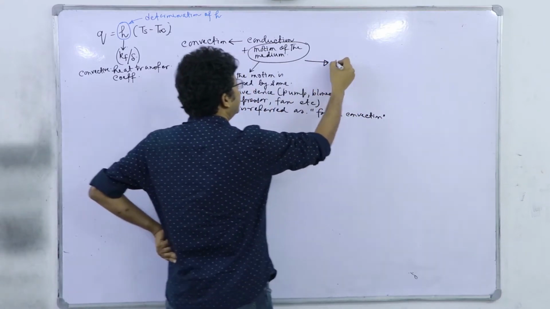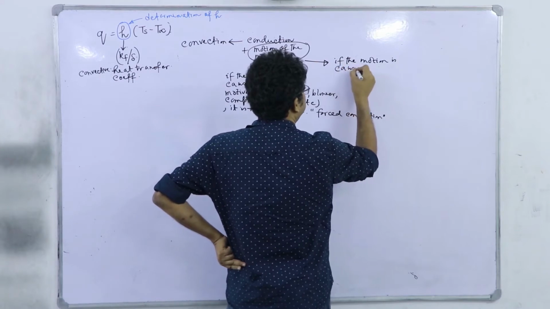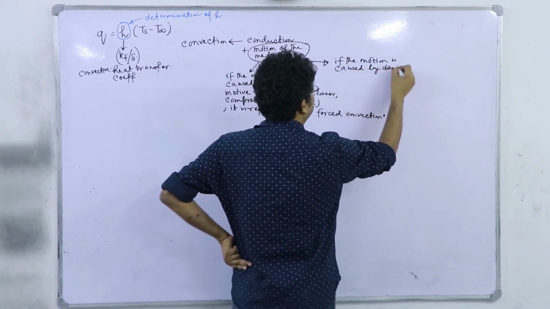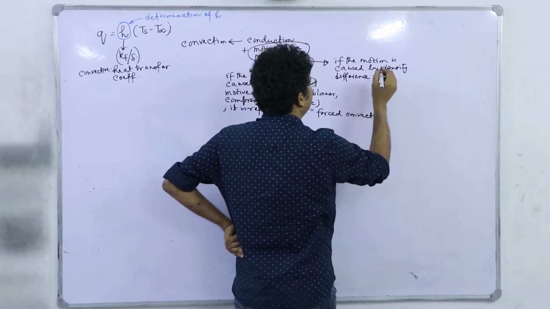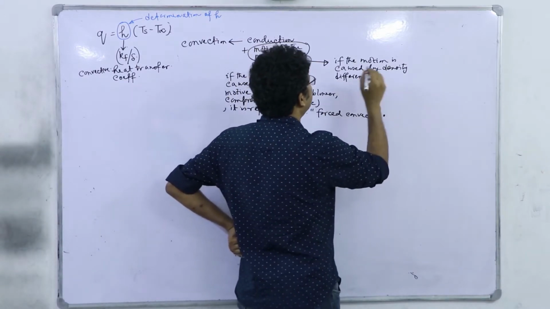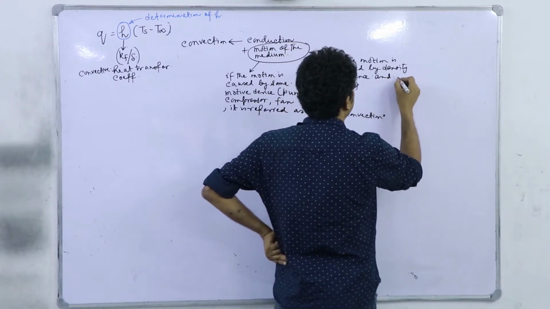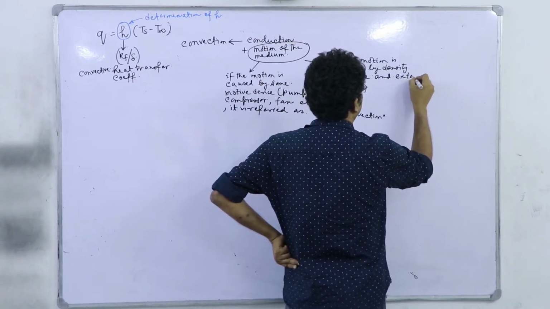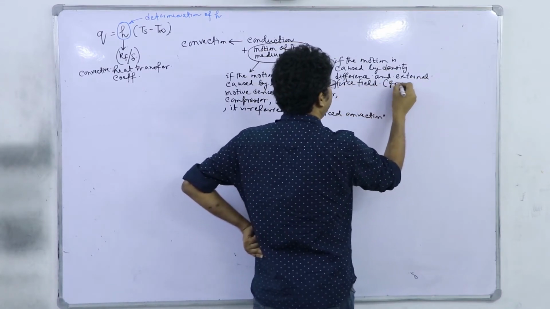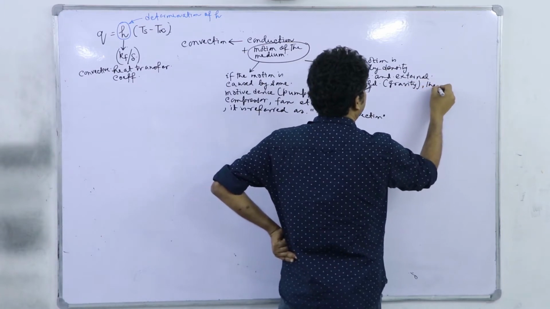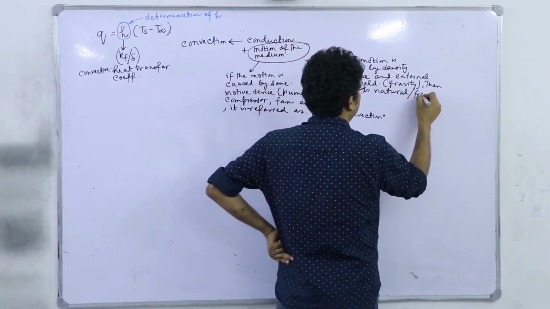Alternatively, if the motion is caused by density difference and an external force field like gravity, then it is natural or free convection.